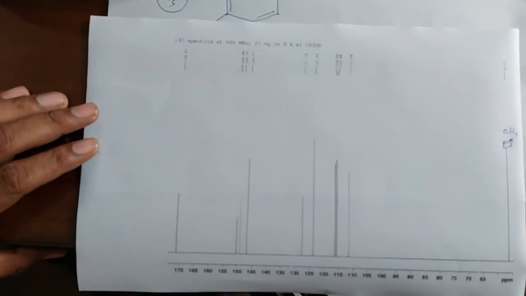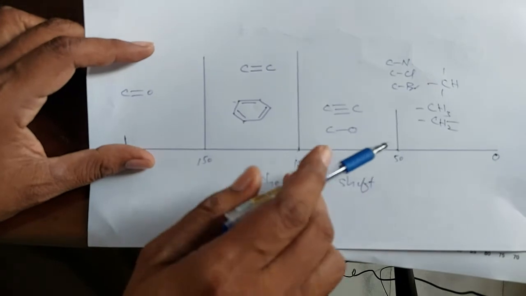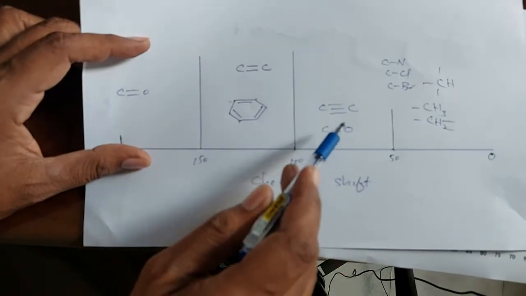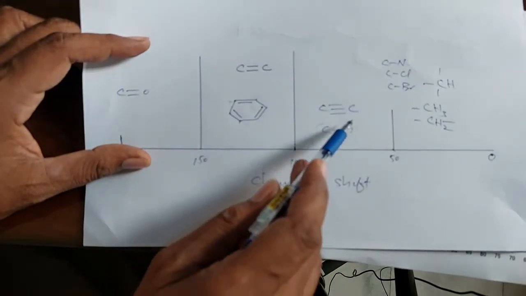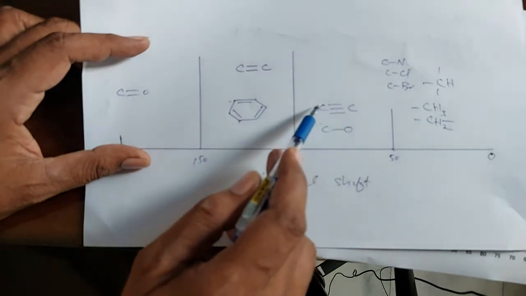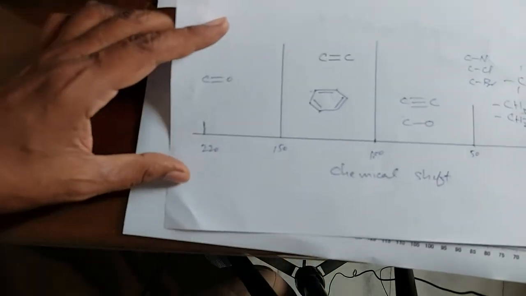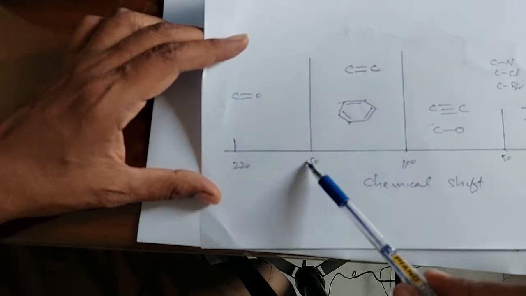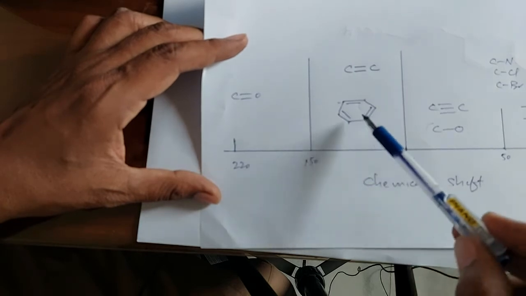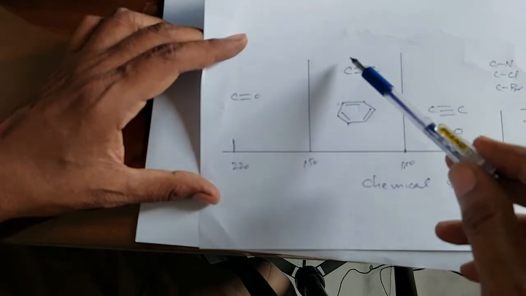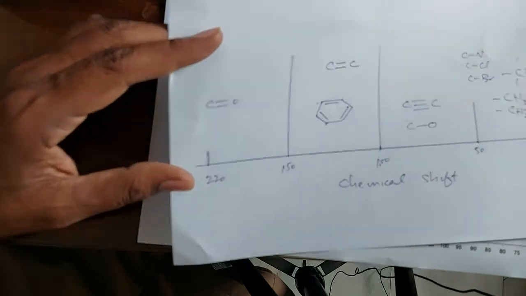Next peak: I had already told you, if you memorize the ranges, 50 to 100 is the range of single bond O and carbon triple bond carbon, and 100 to 150 is the range for aromatic or carbon doubly bonded carbon.